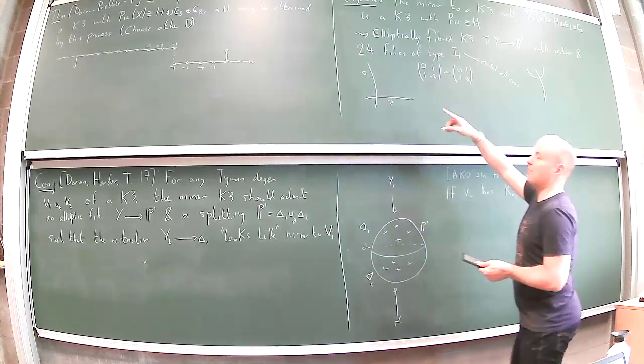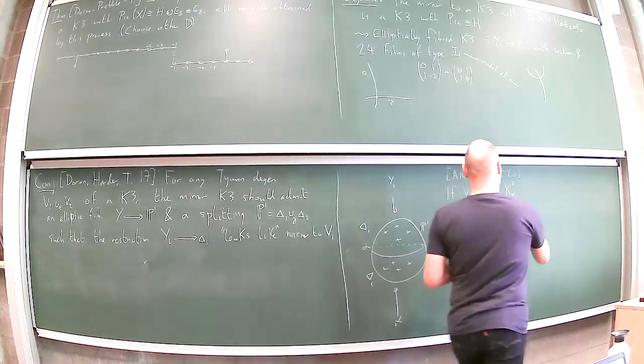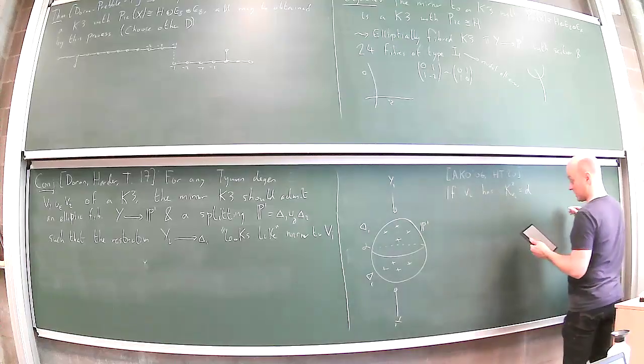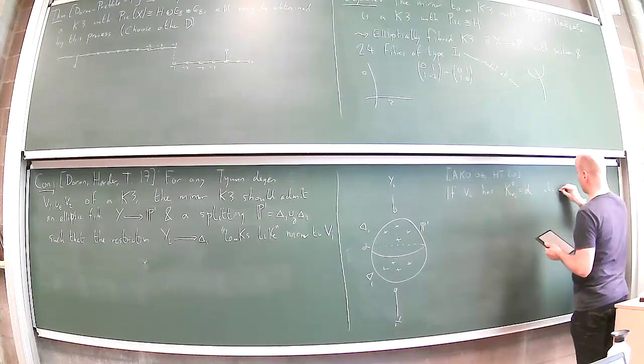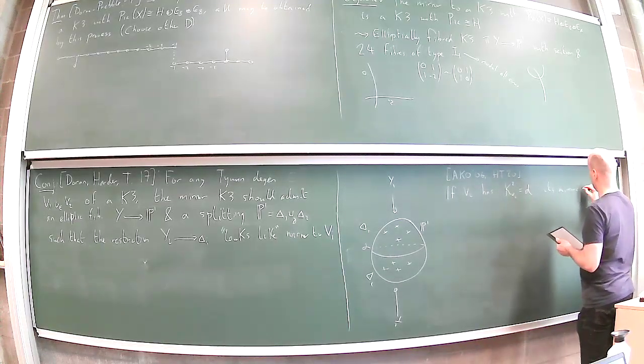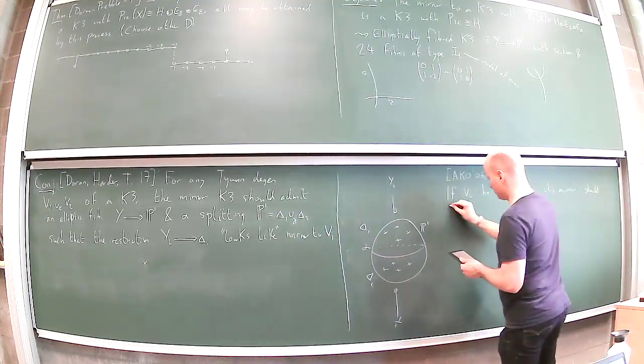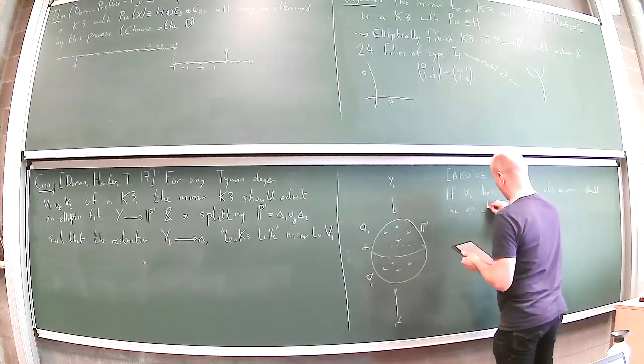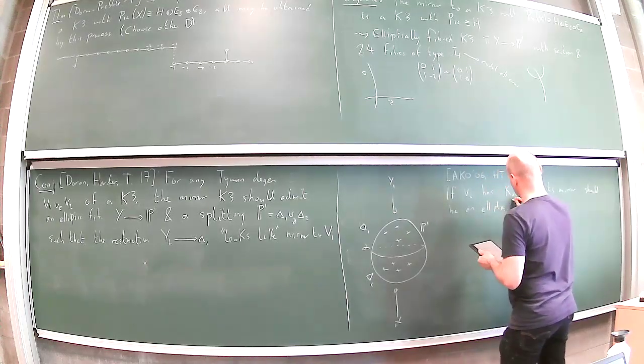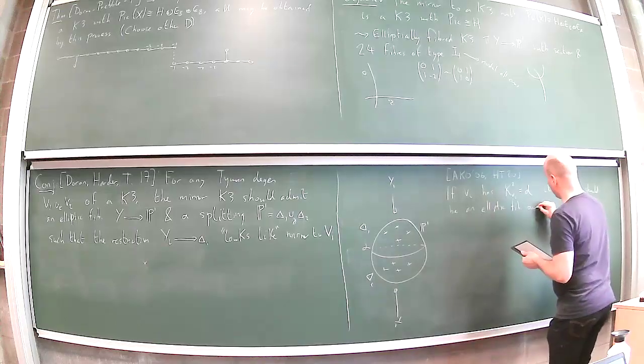On the one I had before, this is 3 and minus 3. But if this is equal to D, its mirror should be an elliptic fibration over a disk.